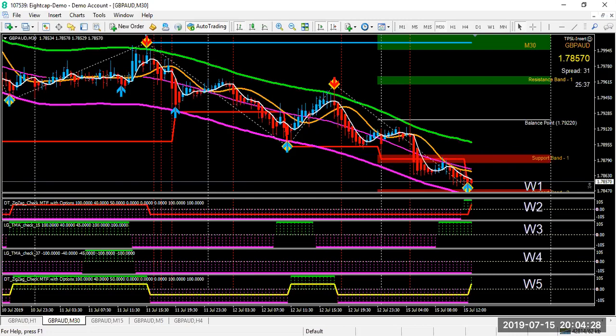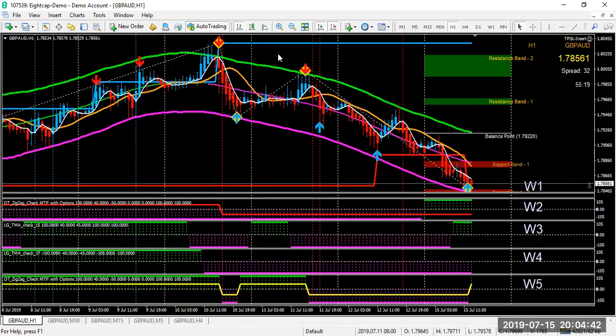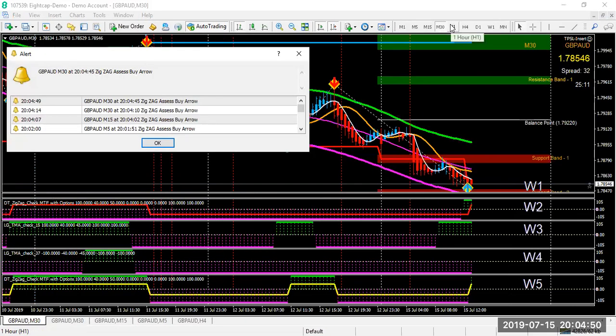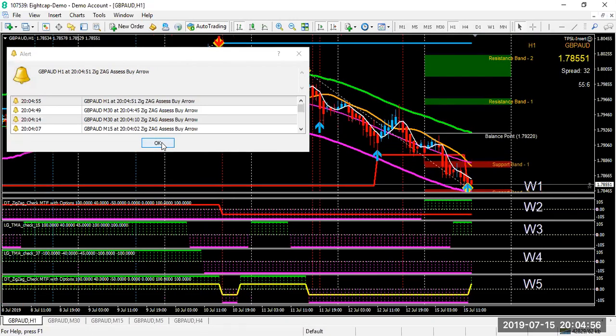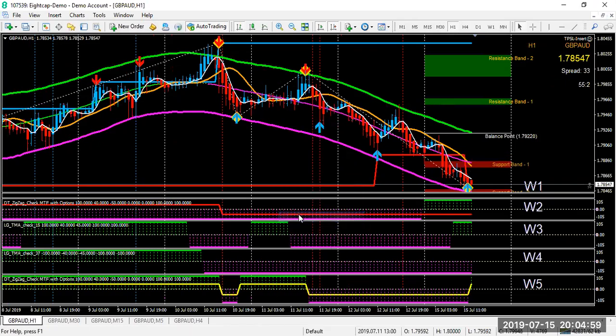Okay, so I'll do it for the rest. As we can see, a lot of pink, red, etc. So let's just quickly do that. Just shift time frames, refresh. Okay, so that's done.